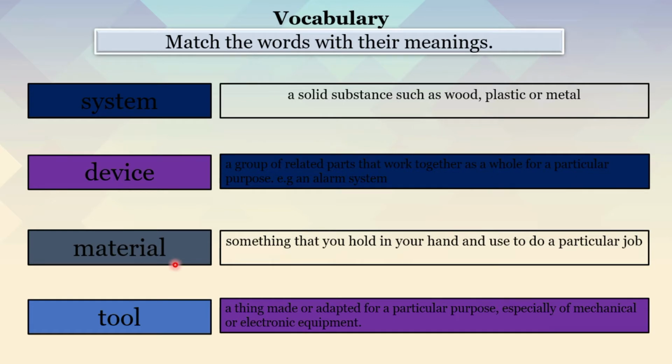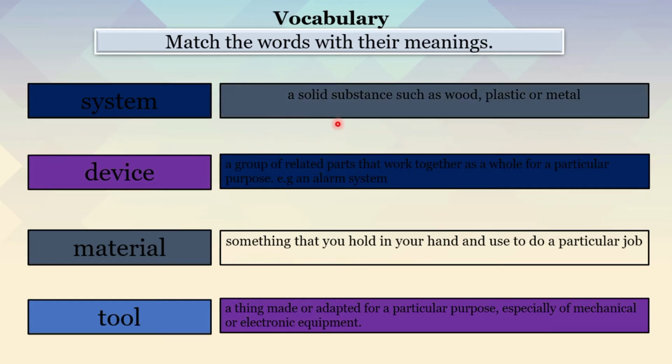Material. A material is a solid substance such as wood, plastic, or metal. And the last word on this slide is tool, which is, of course, something that you hold in your hand and use to do a particular job.